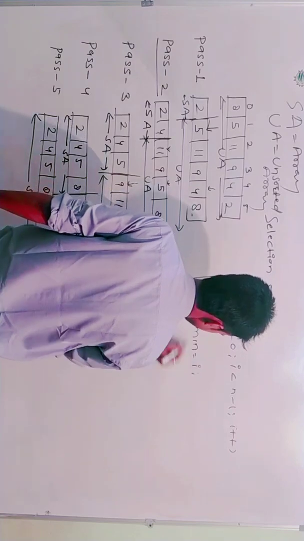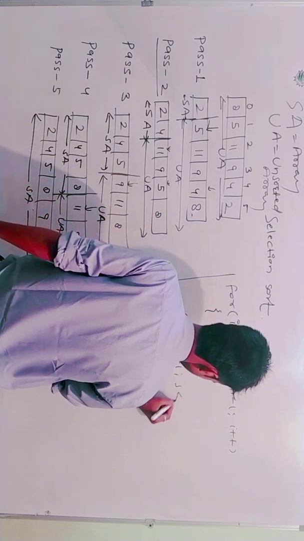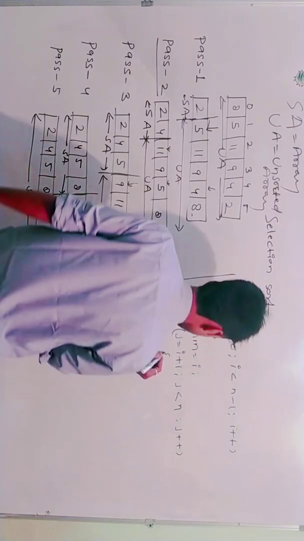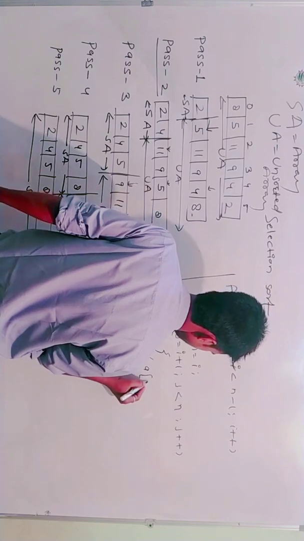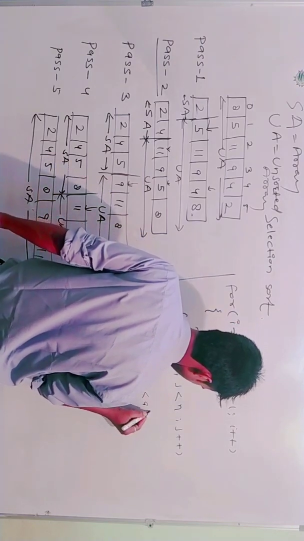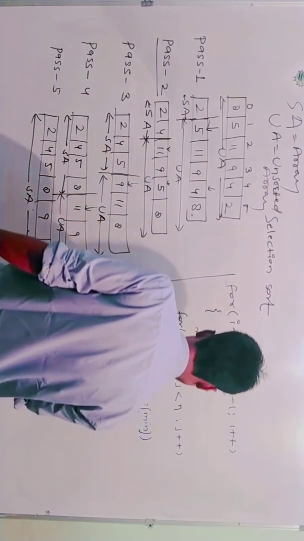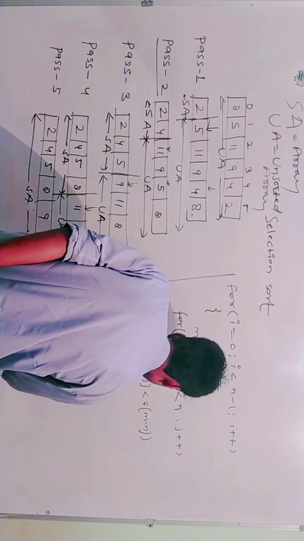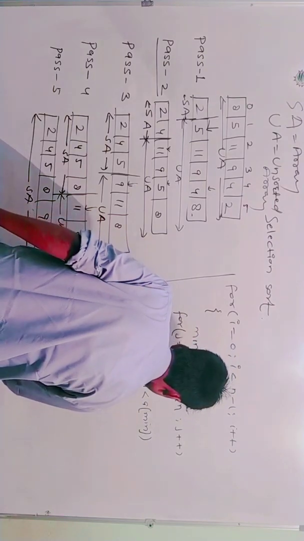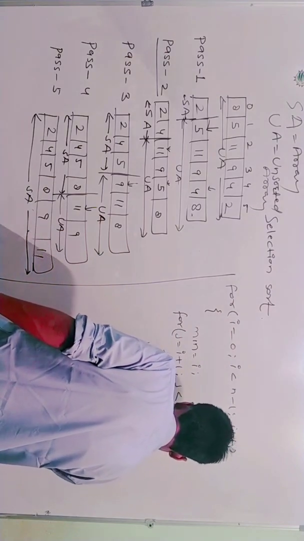Minimum equal to I. For j equal to I plus 1, j less than n, j plus plus. If A of j is less than A of minimum, then minimum equal to j.